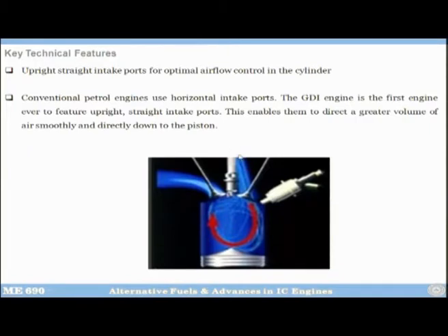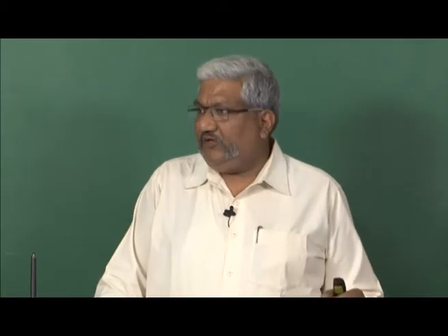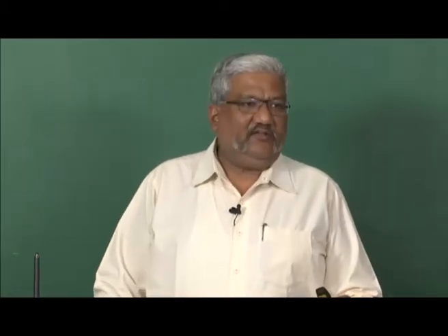Whereas if you have a straight upright intake port, the air comes in with some momentum, and when it strikes this wall and then the piston, it is very easy to achieve the tumble motion. Also, when you have horizontal ports, the air changes direction, and because of this change in direction the volumetric efficiency of the engine will reduce, because a lesser mass of air will be able to enter the engine.